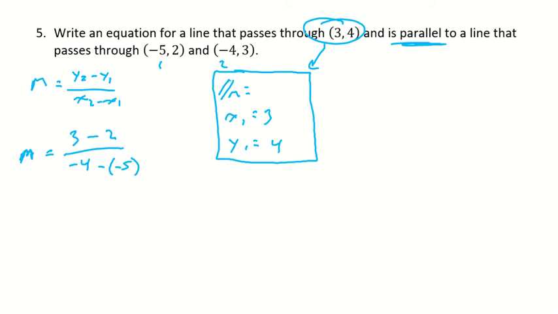3 minus 2 is 1. -4 minus a -5, or -4 plus 5, is 1. So our slope could simplify to just 1. Again, a parallel slope is the same, so that is also 1.